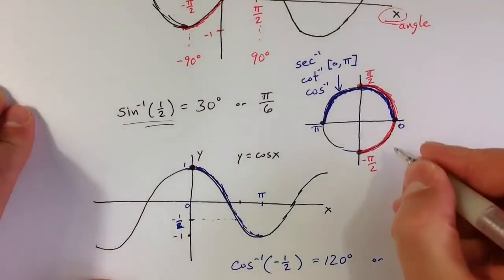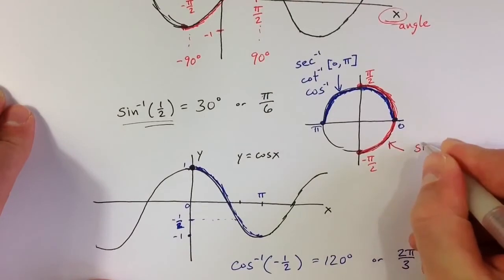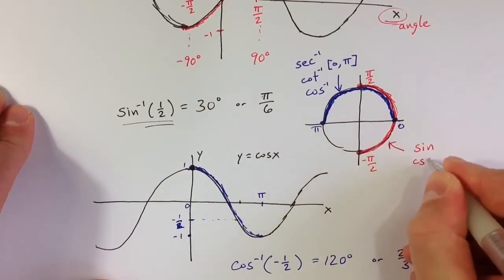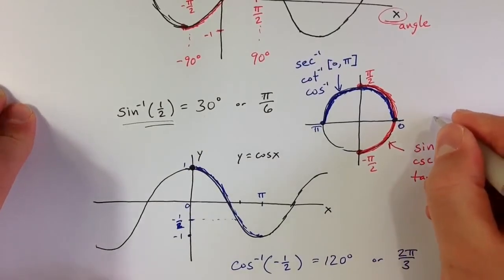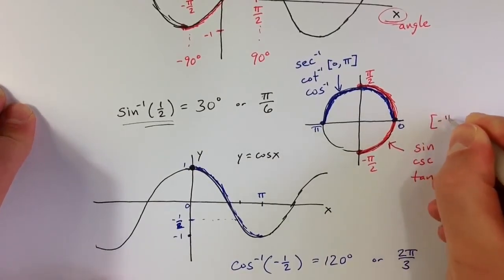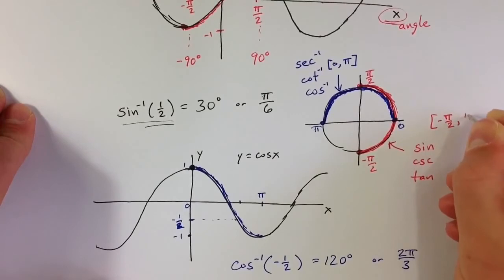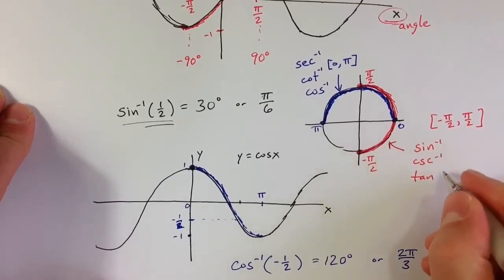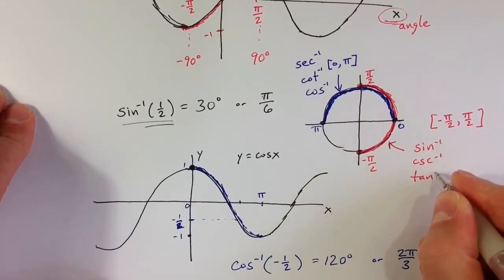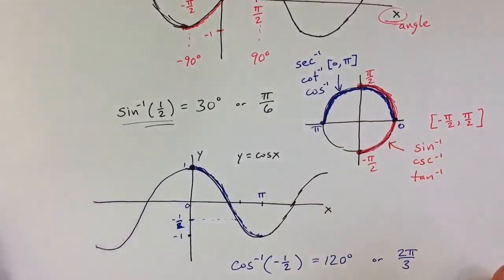For sine, cosecant, and tangent, the basic set of angles that we're going to use go from negative pi over 2 to pi over 2. And so that's how we define inverse sine, inverse cosecant, and inverse tangent.